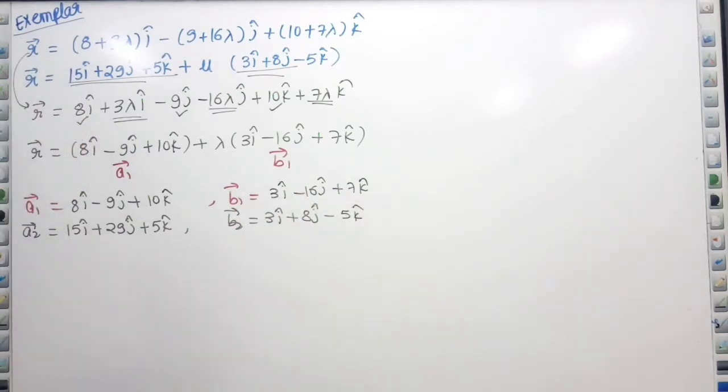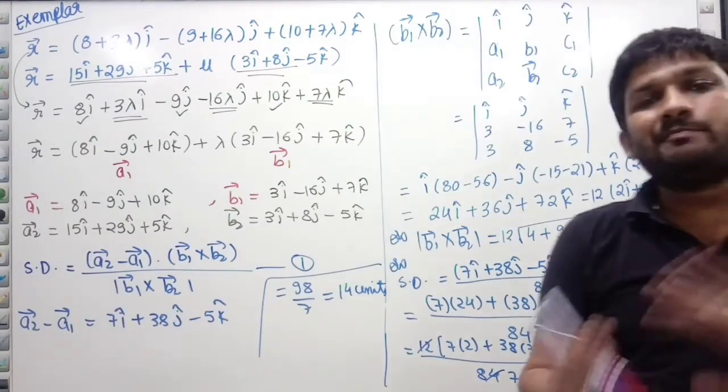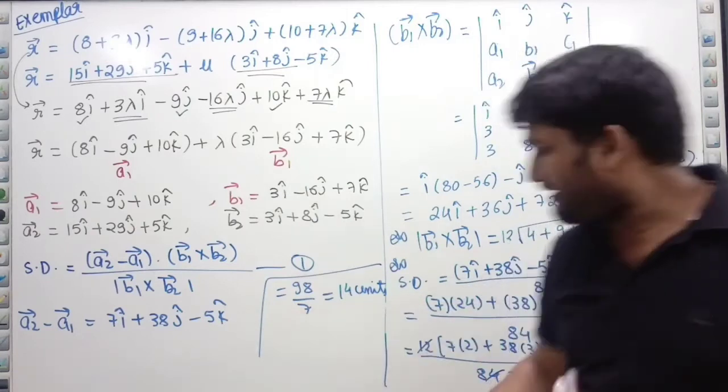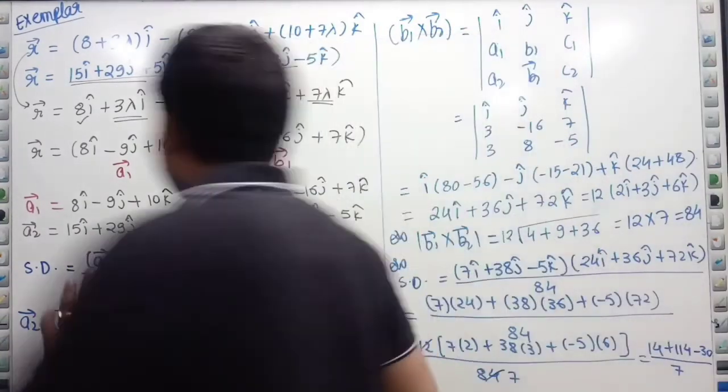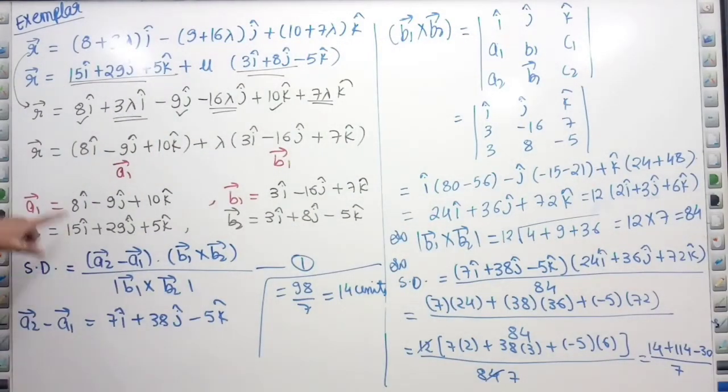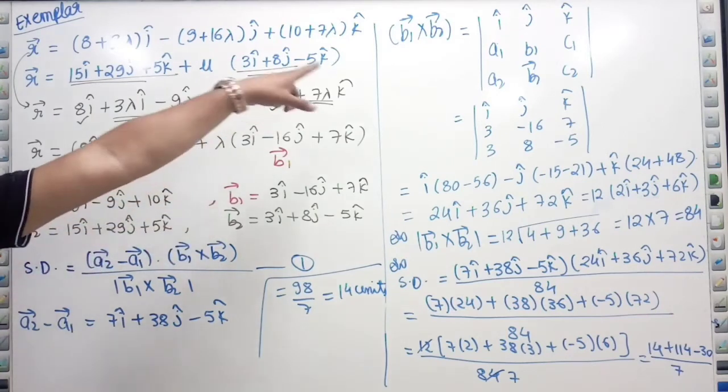Right, now we'll write the formula for shortest distance. The question was of the same pattern, so I have just solved it and written the answer. Therefore we have found a2 minus a1 and b1 cross b2, right?